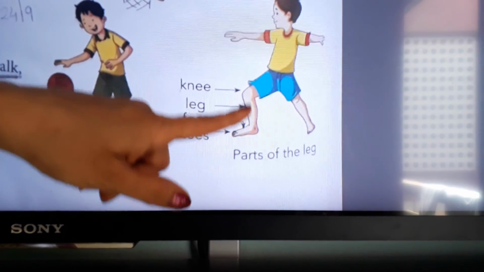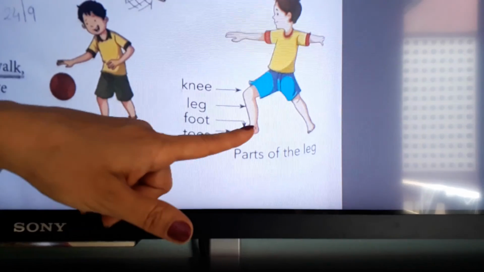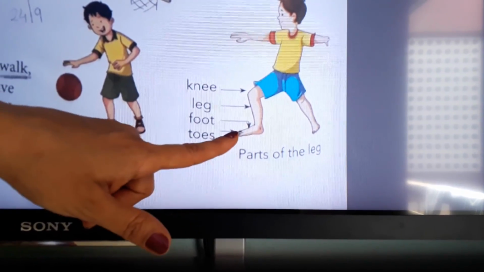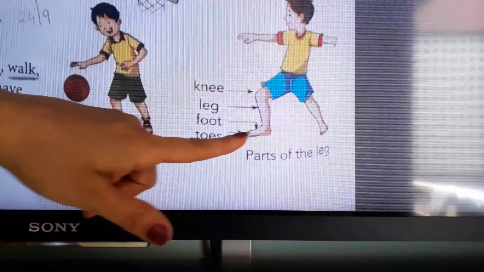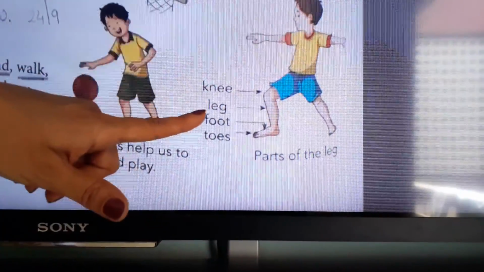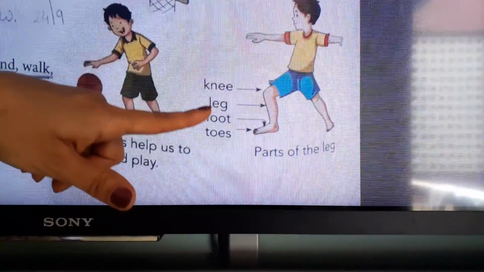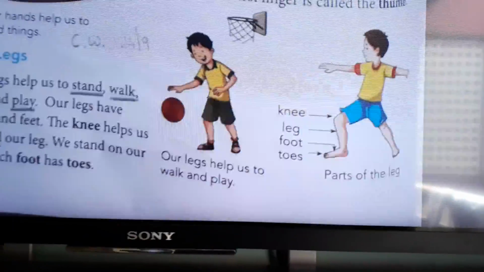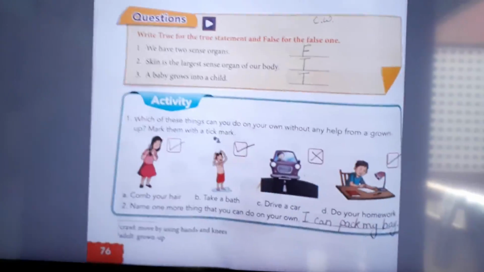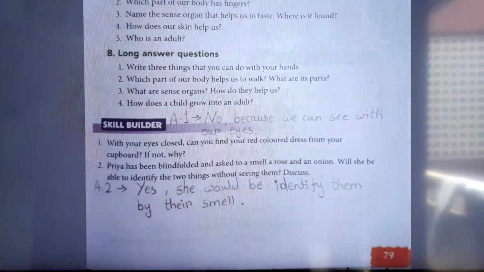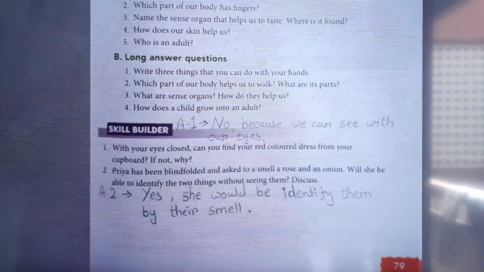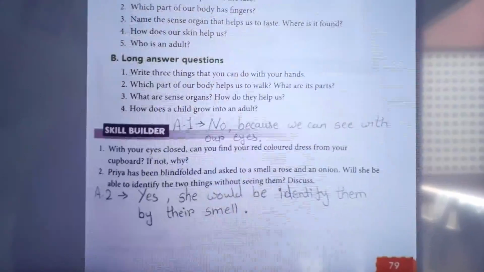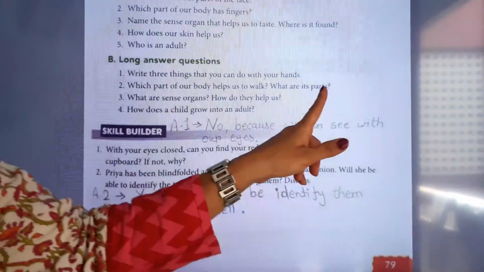Next, this foot and these toes. So knee, foot and toes are parts of our legs.